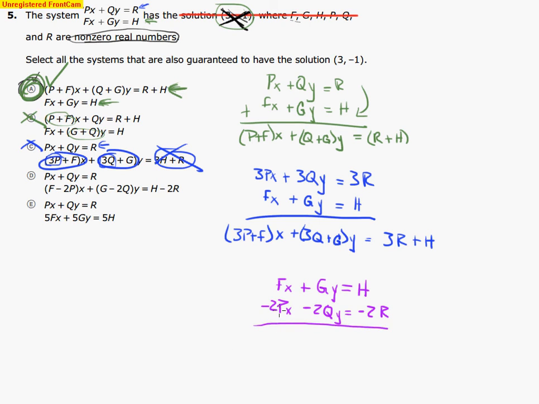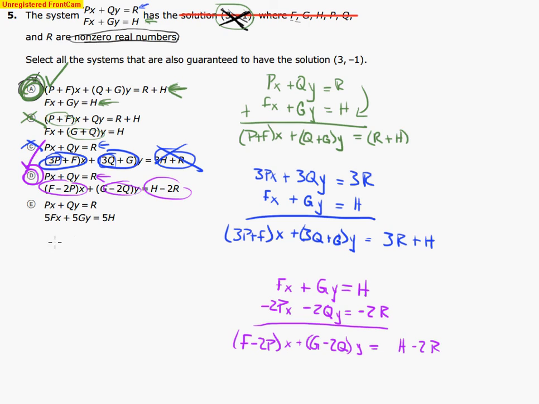So that's legal. Now I'm going to have f minus 2p times x, and then g minus 2q times y, and then h minus 2r. Let's double check that. H minus 2r, good. G minus 2q, f minus 2p, and this is an original equation, so this one's a good answer. Check.